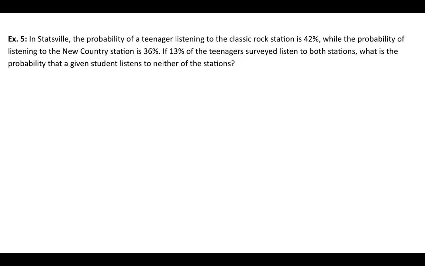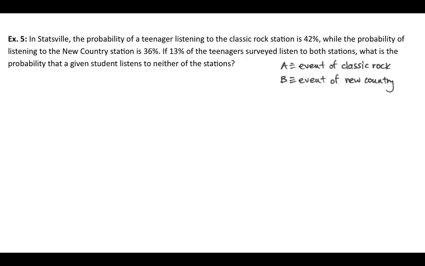You've got classic rock and New Country, but there have got to be some teenagers who are not listening to either of those. And so we want to find, you know that gym analogy where you're in the gym and there are people standing in the hula hoops, and who's in the gym but not in the hula hoops. We're trying to figure out the complement to this union. Like, 1 minus the probability of listening to classic rock or New Country, right?